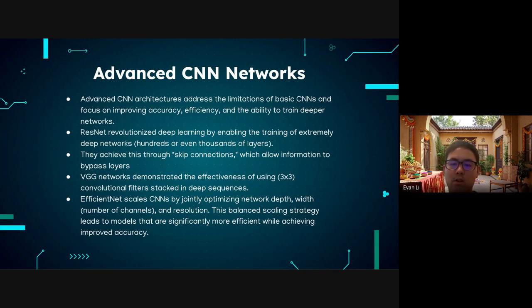This focus on efficiency makes EfficientNet particularly well-suited for deployments in resource-constrained environments, such as mobile devices or embedded systems.